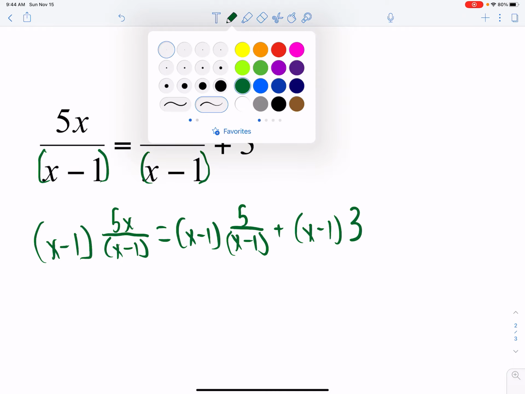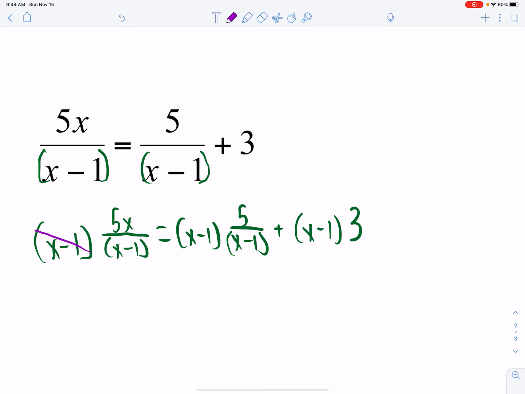So looking at this, on the first part, x minus 1 and x minus 1 cancel out, so we have 5x. On the next part, x minus 1 and x minus 1 cancel out, and we just have 5. And then that last part, there's nothing to cancel out, so we distribute. X times 3 is 3x. Negative 1 times 3 is minus 3.